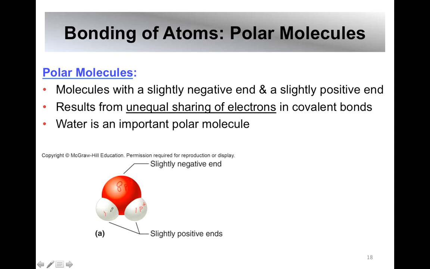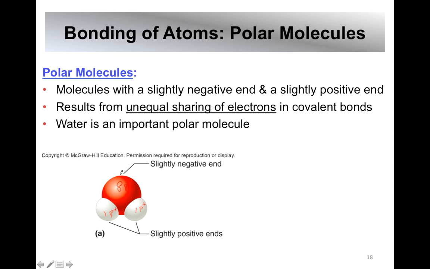So the oxygen has a greater pull for the electrons because it's 8 positives. The oxygen will keep the electrons more than the hydrogens will, and this is unequal sharing of electrons.